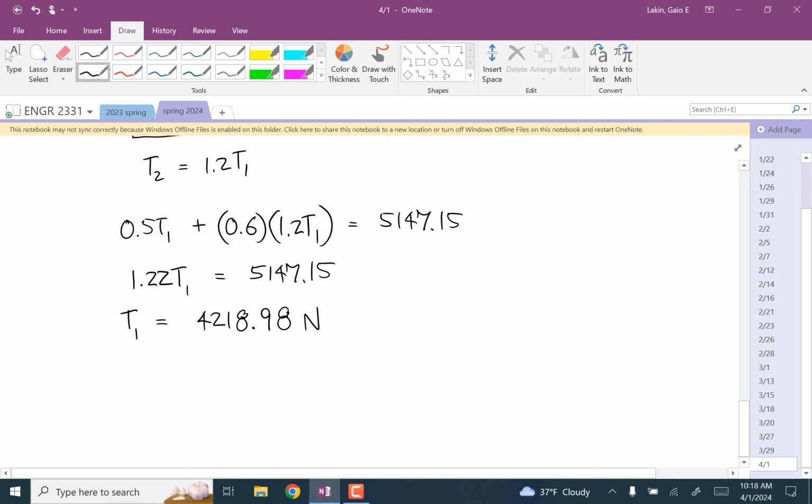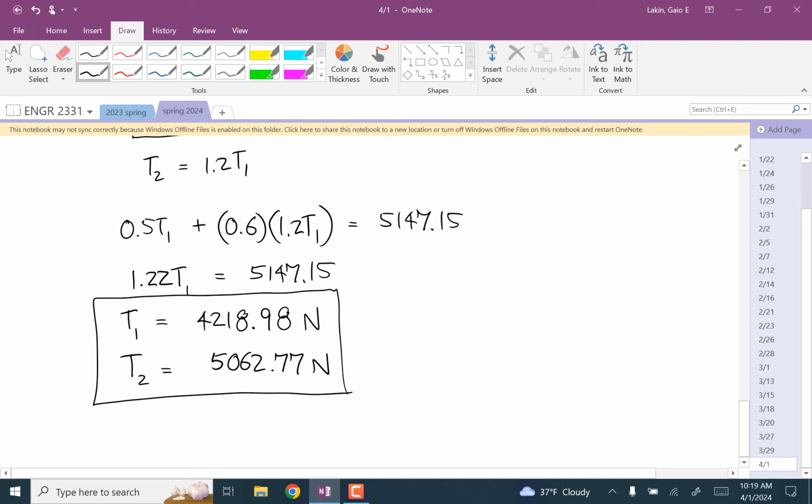T2 is 1.2 times that, and so T2 is 5,062.77. Any questions about that approach? Okay.